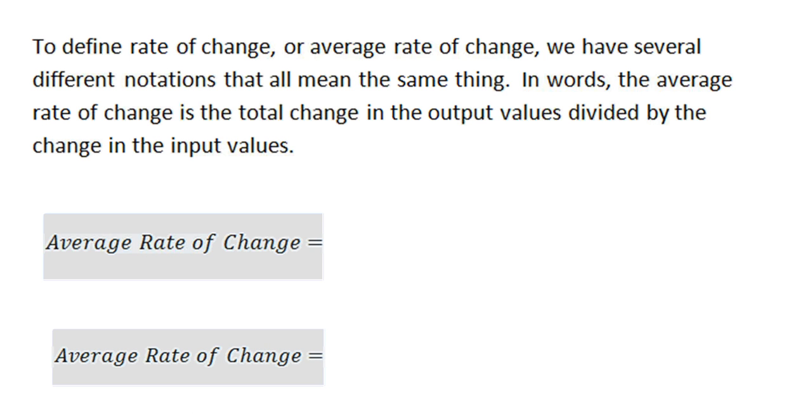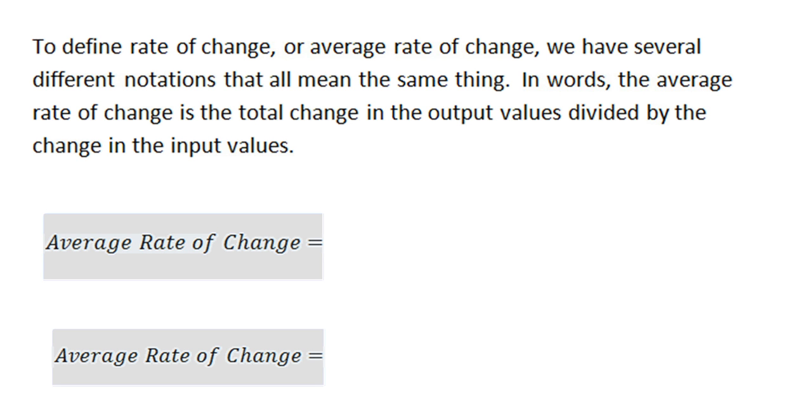To define rate of change, or average rate of change, we've got several different notations that all mean the same thing, and you can decide what's your favorite form of the notation. In words, the average rate of change is the total change in the output variables divided by the change in the input values. So that's a word way to say it.